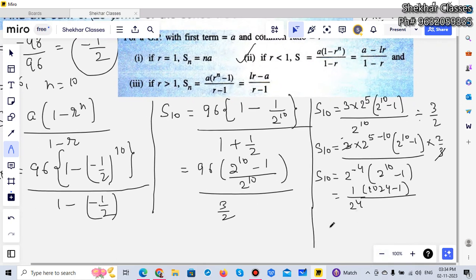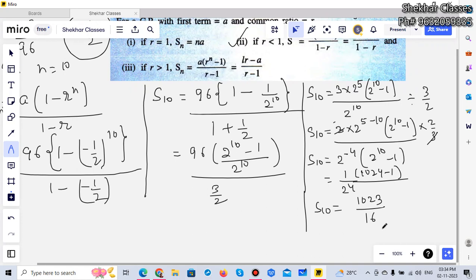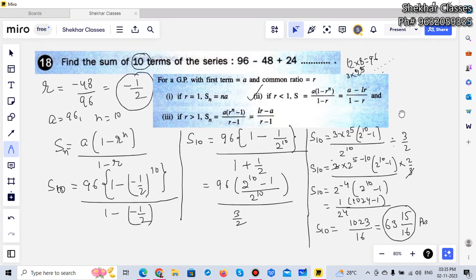If I solve that further, S10 will become 1023 upon 16. And if you divide this by 16, you will get 63 15 by 16, and this is the sum of those terms of the GP, the final answer. So remember, this is how we have to solve it.